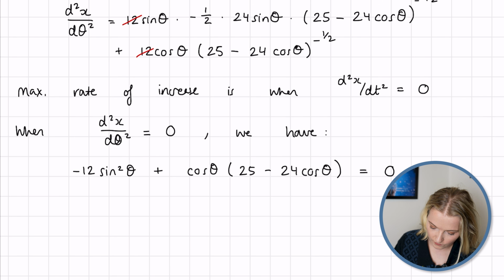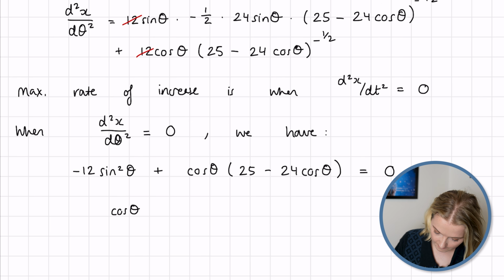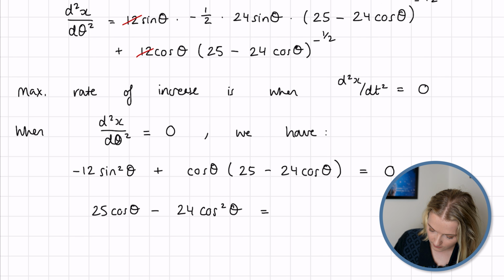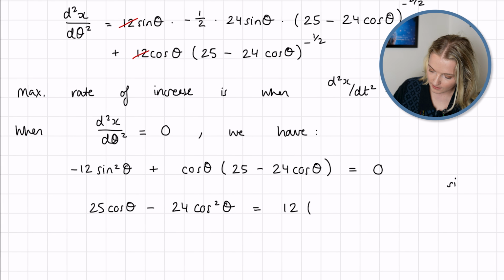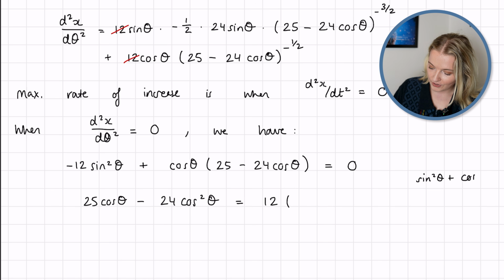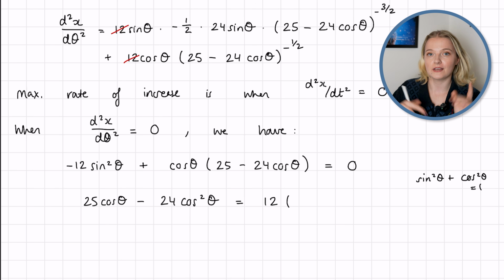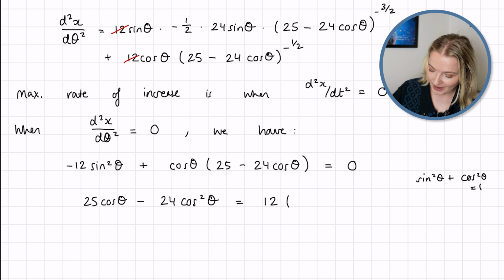And again, we could just move this over, so we'd end up with 25 cosine theta minus 24 cosine squared theta equals 12 sine squared theta. But if you remember from trigonometry, sine squared theta plus cosine squared theta equals 1. So we can use that and say sine squared theta therefore must equal 1 minus cosine squared theta.